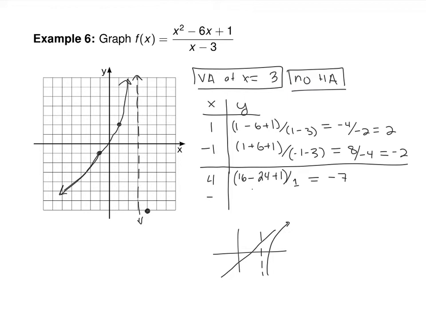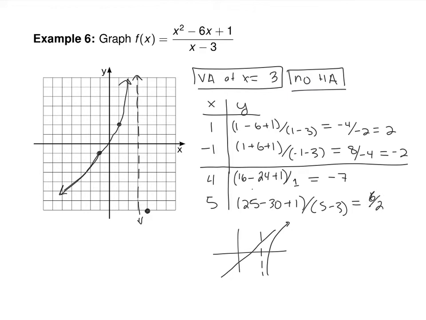Plugging in 5 also works out well. So that's 25 minus 30 plus 1 over 5 minus 3. So that numerator is 6, is that correct? And what's the denominator? Over 2, does that make sense?